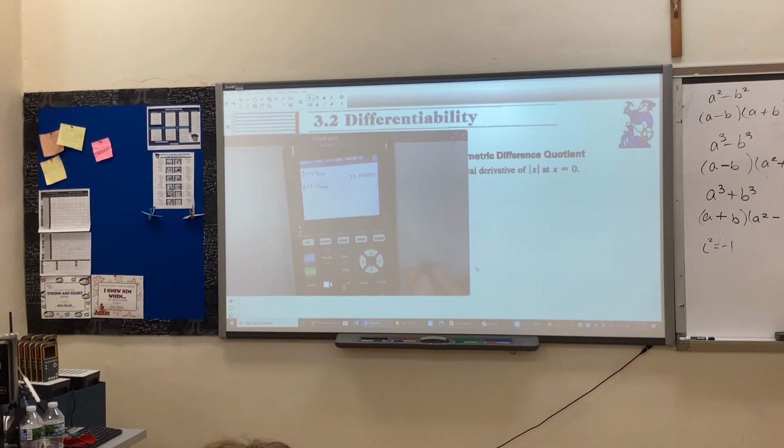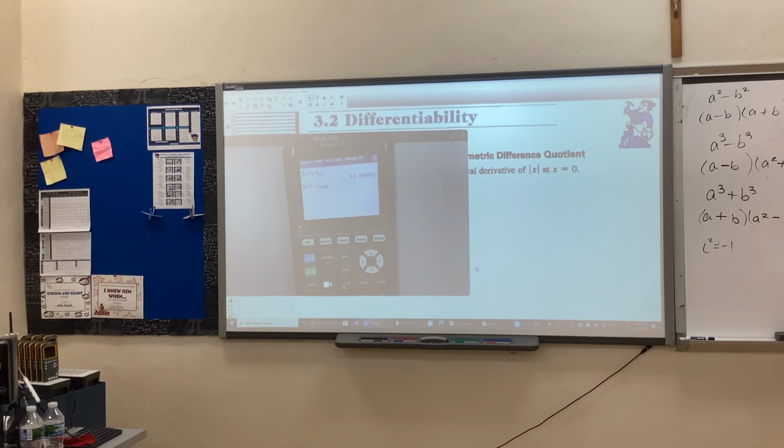What is the derivative of the absolute value of x at x equals 0? 0. Not based on your calculator, but based on reality. Undefined is a good answer.